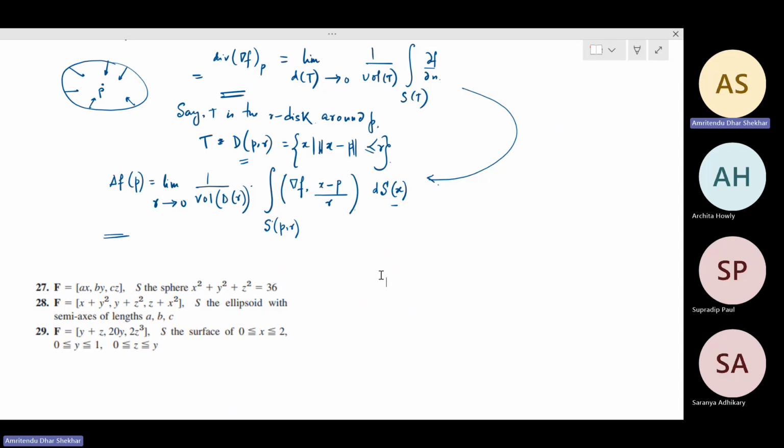Okay. So if you take one example like this, let's say you pick this one. You're given a vector field F, which is given by x plus y squared, y plus z squared, and z plus x squared.